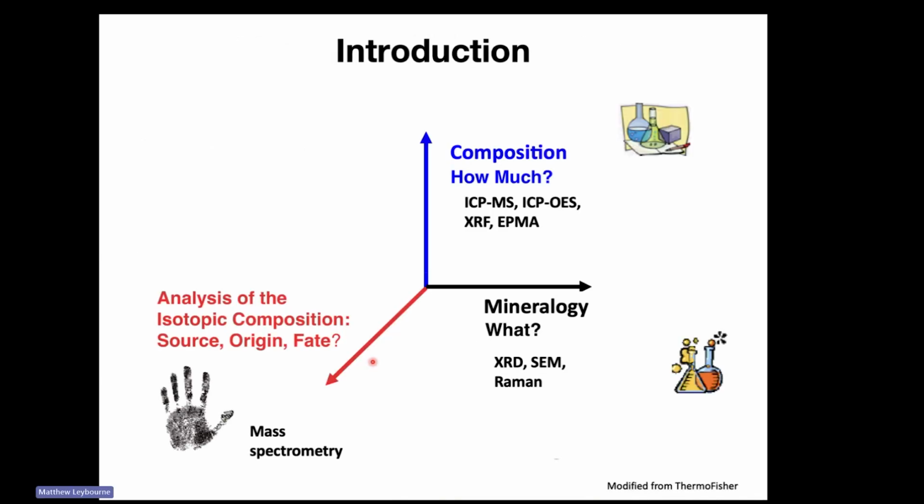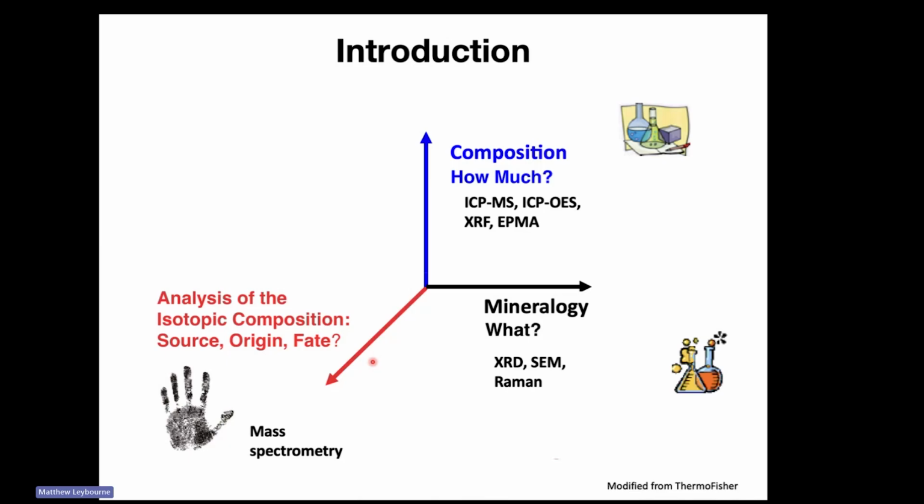So we can think about the three axes of a sample. We can talk about its composition, how much stuff is in there, and we use a variety of analytical instrumentation, which are listed there: ICP-MS, ICP-OES, XRF, electron probe microanalysis, etc., to tell us how much.